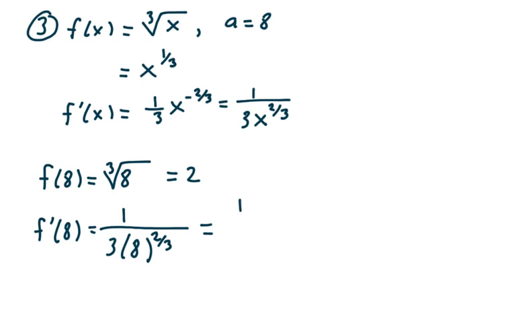But this is 1 over 3 times, now I could write this, by the way, as the cube root of 8 raised to the 2nd. The cube root of 8 is 2. 2 squared is 4. 4 times 3 is 12. So we get 1/12. We're almost done.